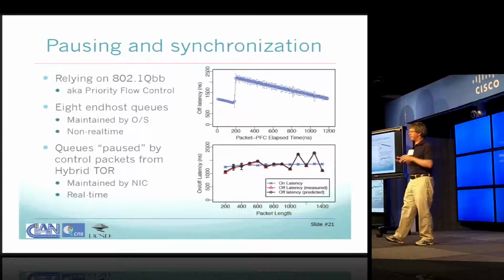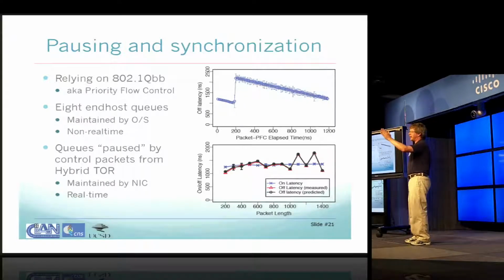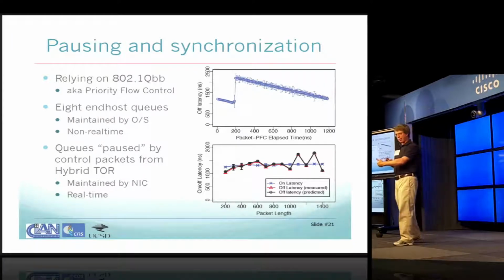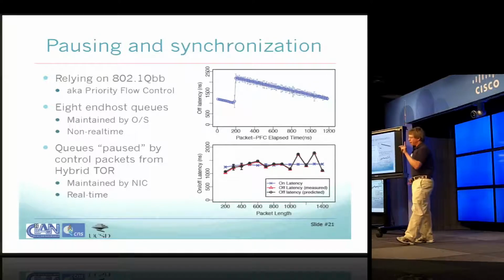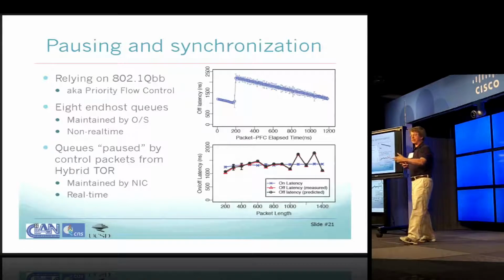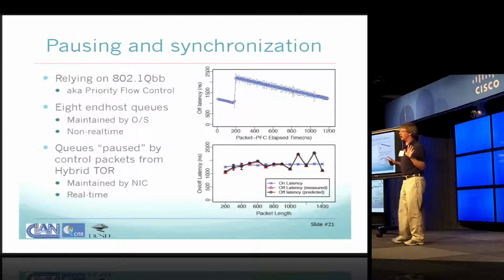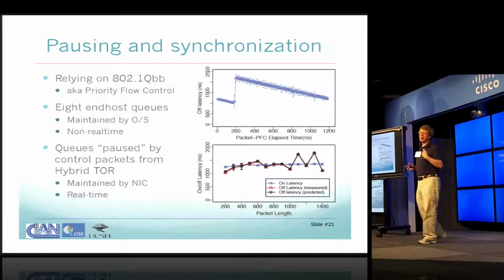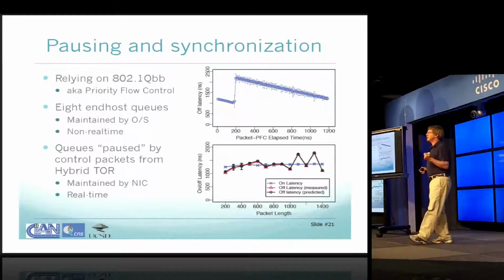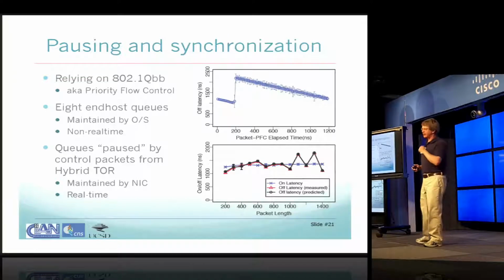We're sending 1,500 byte MTU packets, and depending on where I send that stop signal within that packet, it may decide to finish the transmission of that one packet, or if I'm late in the overall packet length, it may decide to send another one, even after I tell it to stop. We have no control over that, unfortunately. That's a hardware decision made at the NIC level, and that's why you see this off latency, but it is bounded, meaning that no matter when we tell it to stop, within 2.5 microseconds, it will have stopped.